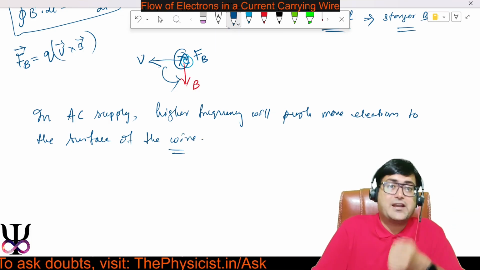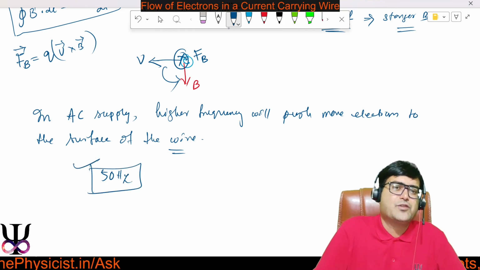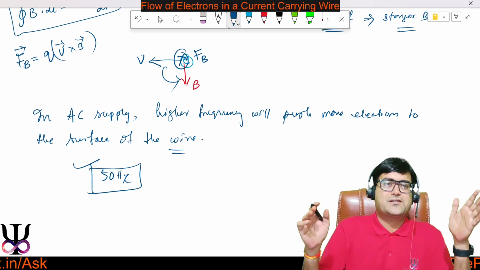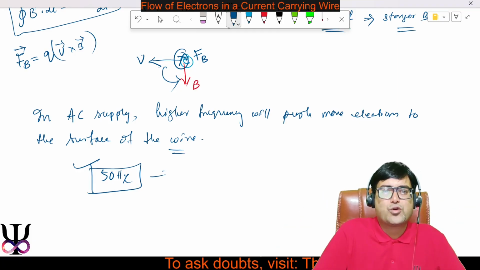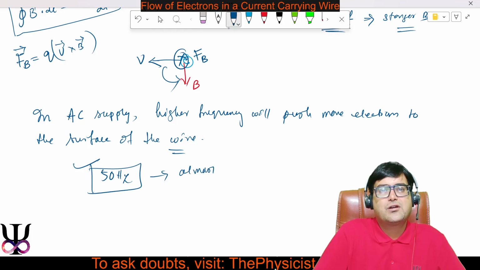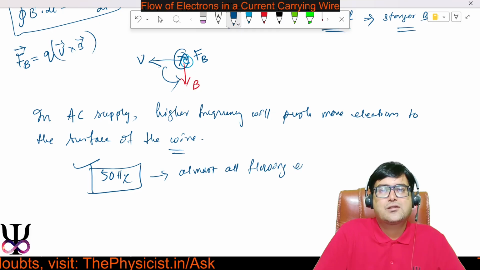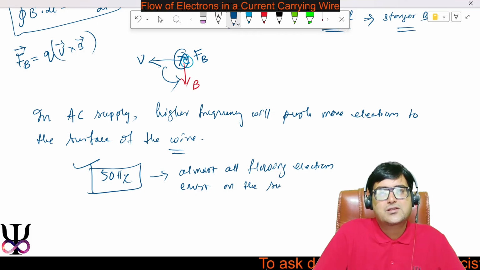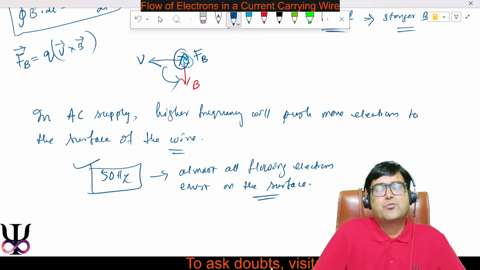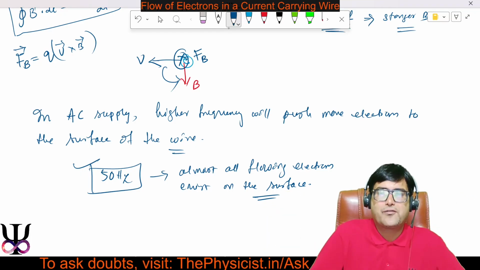So much so that in India we use a 50 hertz supply, and in the US we use a 60 hertz supply. At these frequencies, 50 hertz or 60 hertz, almost all the flowing electrons exist on the surface of the wire.